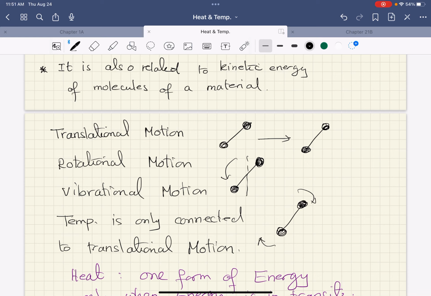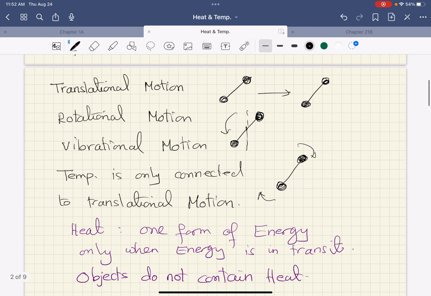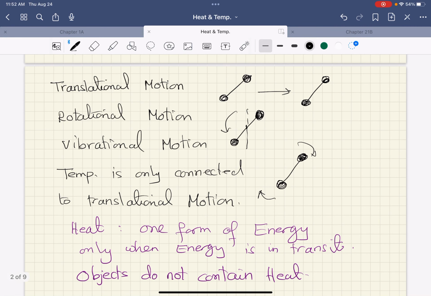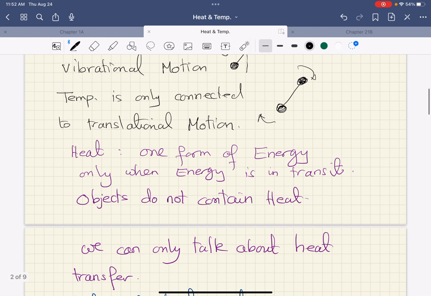And we have rotational motion, where there is an axis and the molecule rotates around it, or vibrational, where the molecule vibrates. Temperature has to do only with the translational motion, and we will talk about this later when we introduce the kinetic theory of gases.